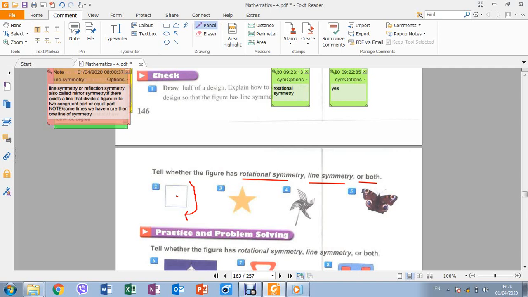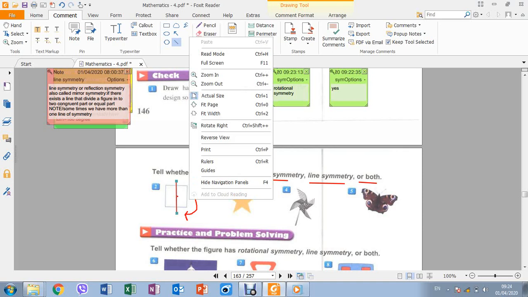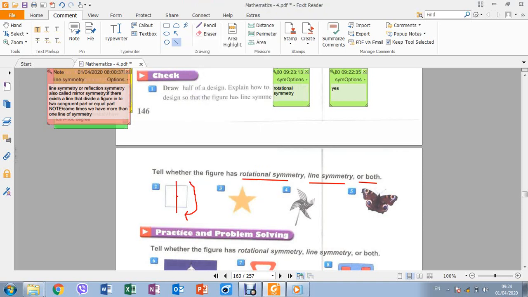For line symmetry, we draw a line along the figure and divide it into two equal parts. When we fold the figure, this side is the same horizontally, and diagonally, look, they are the same.